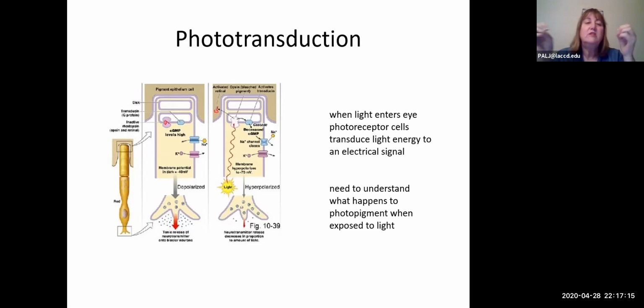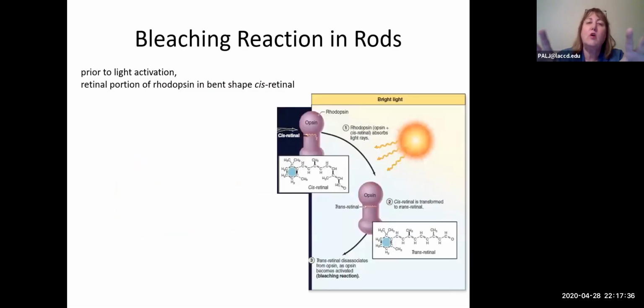In order to understand how this happens, we're not going to do a bunch of physics. There's physics involved, but we're going to skip the physics. We're going to talk about what's happening in the photopigment when it's exposed to light. We're still not going through the sequence of equations. We just need to look at the photopigment and see what's happening to its conformation. The reaction we want to talk about is called a bleaching reaction, and it happens in rods.